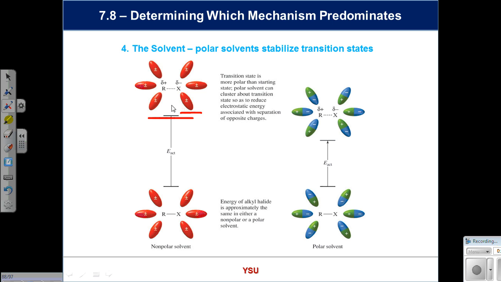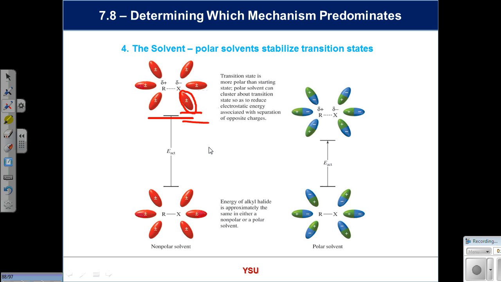So what we'll see here is the idea of whatever this solvent happens to be, the red lozenges happen to be the solvent. And if they have something that allows for binding to that X as it's becoming delta negative, it will stabilize that system and it will lower its energy. It will make the reaction faster. So this is going to be your polar solvent, right?